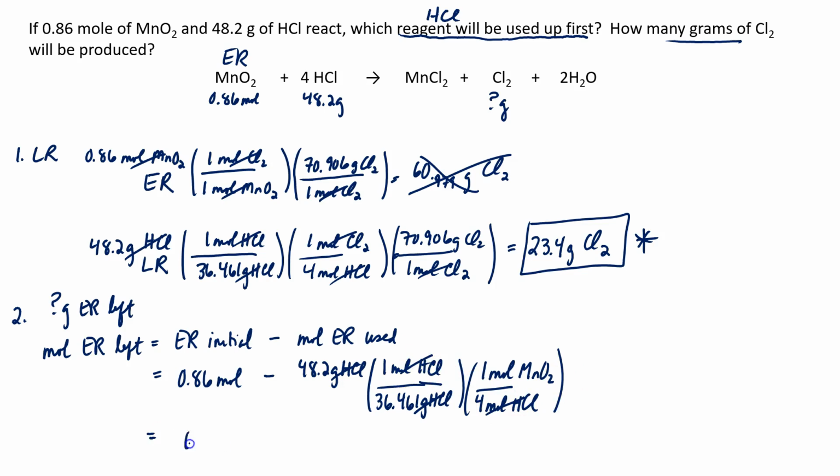So this is 0.86 moles initial. Let's calculate the moles of manganese(IV) oxide used. I am getting 0.330 moles of that manganese(IV) oxide used.